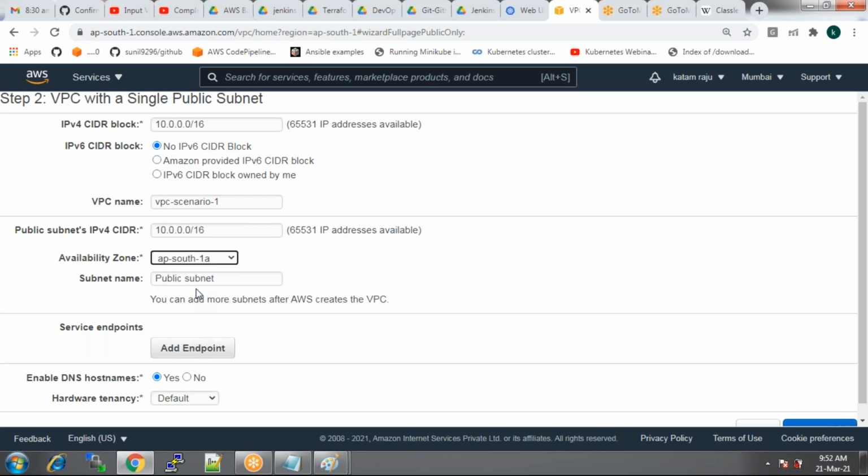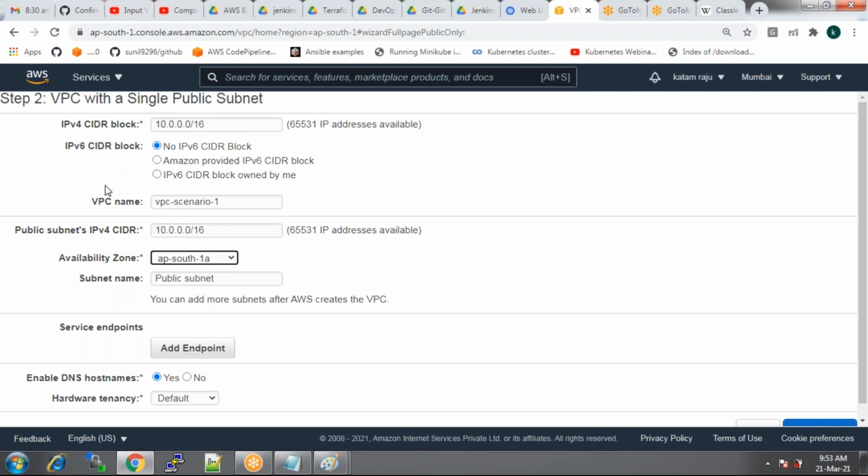The public subnet has to be in 1A or 1B or 1C. You can select the range. Based upon this availability zone, when I select my instance, I'll come back to that. First, let's see.